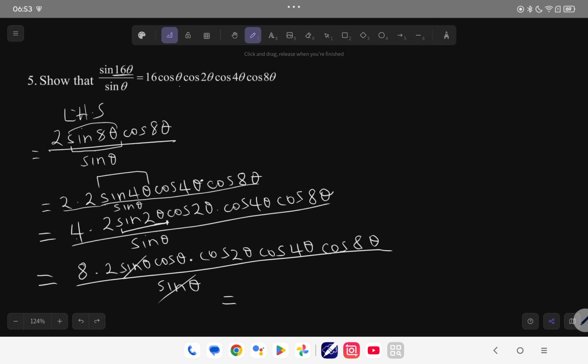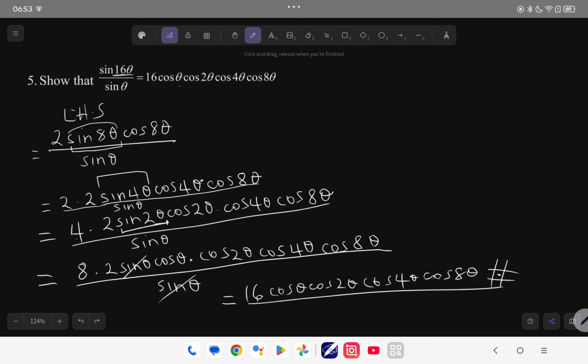Then we shall have 8 times 2 is 16. 16 cos theta, cos 2 theta, cos 4 theta, cos 8 theta as our required right hand side.